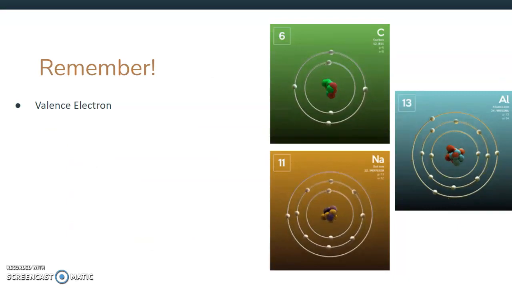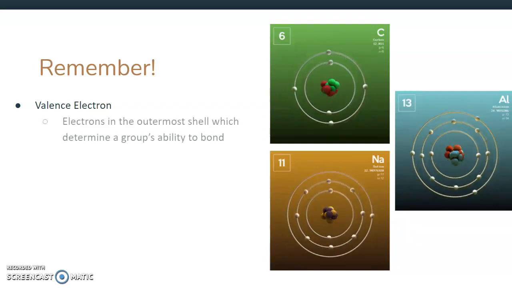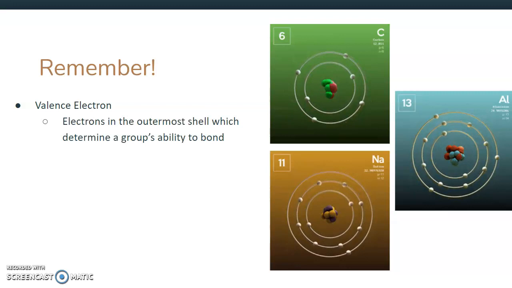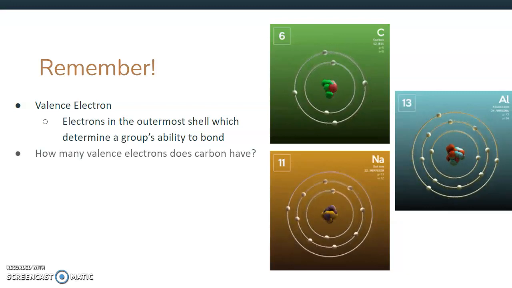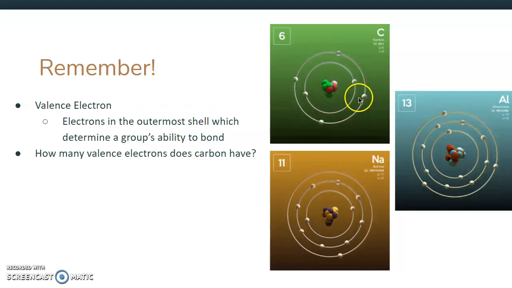Also, we have learned about valence electrons, but we're going to touch on it again because they are very important. So our valence electrons are electrons in the outermost shell, which determine a group's ability to bond. We've been asked this before, so how many valence electrons does carbon have? We're going to only count the outside electrons, the very outer shell in this carbon.